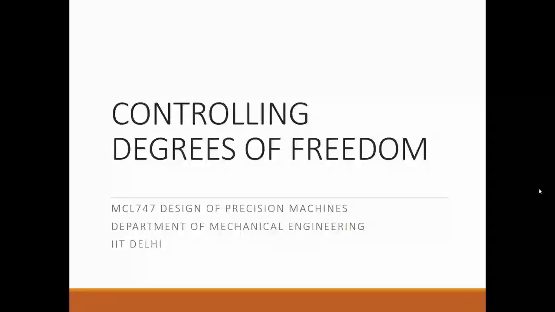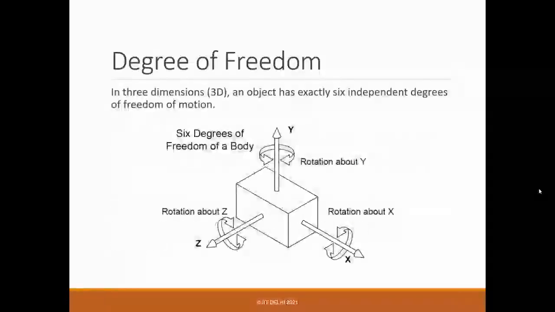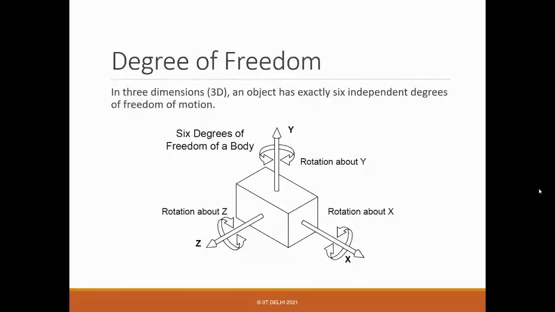In that respect, we say controlling degrees of freedom. I think everybody would be aware by now, since mostly we have senior undergrads and master's students. If you have any doubt, just let me know, and we can discuss separately.